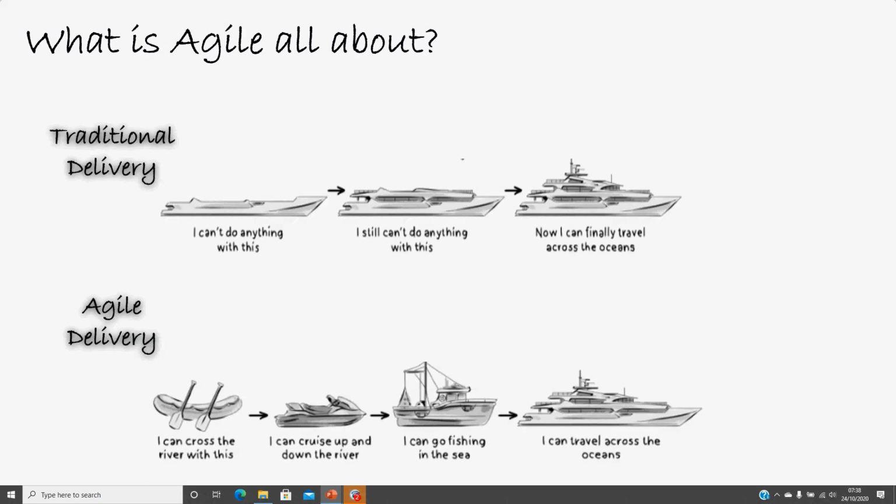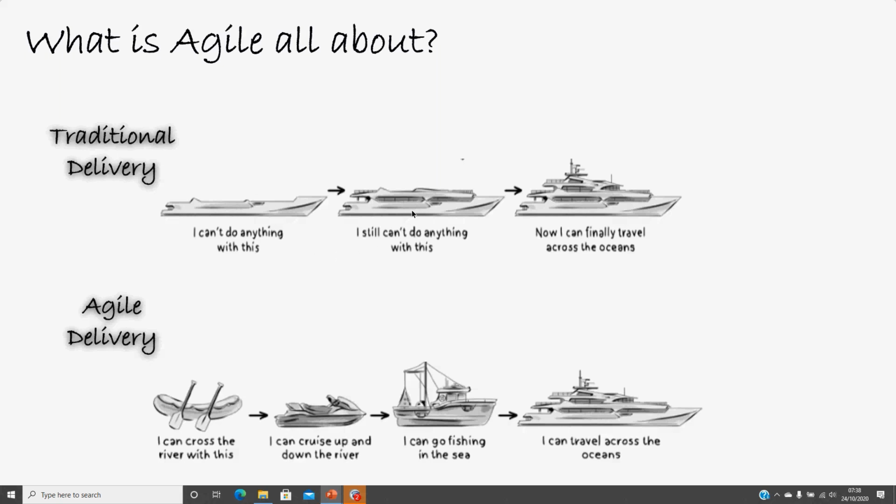So we started building a ship, a vessel, which has everything, all the requirements and all the bells and whistles. We will not consider the project to be completed until the ship is complete in a traditional delivery, because you can see the three stages on the screen of the delivery of the ship. There's nothing that you can do in the first stage because it's still work in progress.